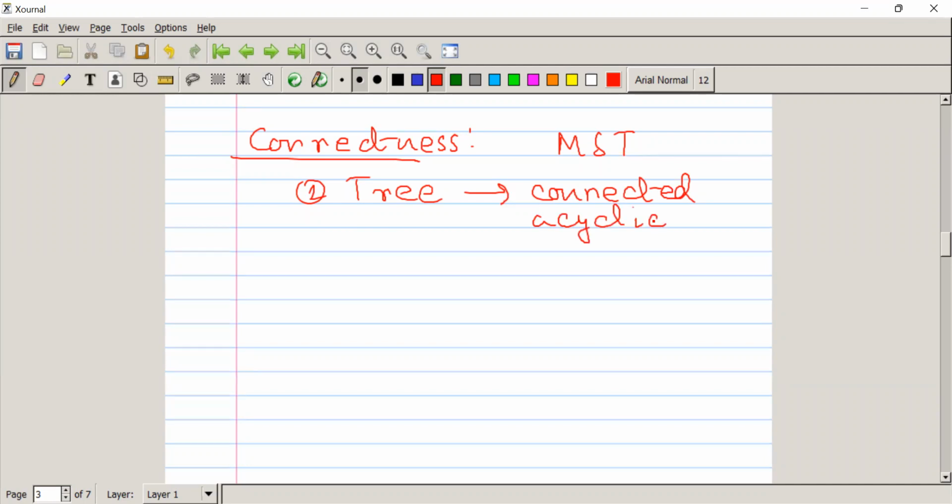Connectedness and acyclicity are both understood from the structure of the algorithm. Is it right? Yes, ma'am. And also this is a spanning tree. This is also clear from the construction of the algorithm, right? Yes, ma'am.